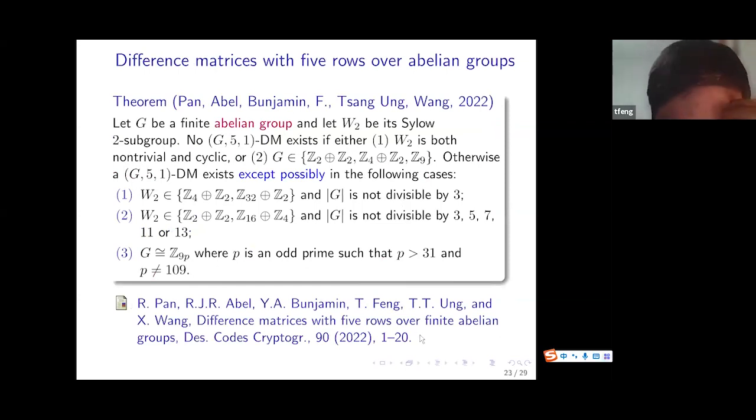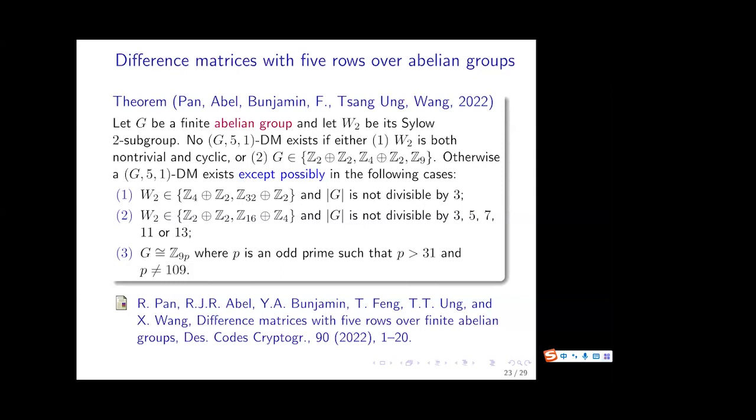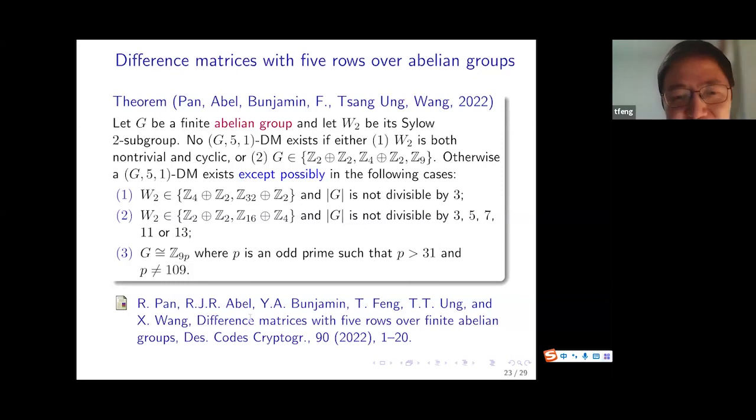Actually, when we first submitted this paper to DCC, the referees asked questions to us. At that time, in this paper, we didn't write too much about the ideas behind these examples, but because the referees asked, I wrote them.